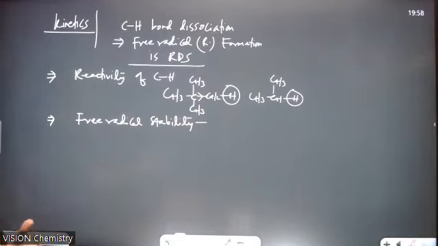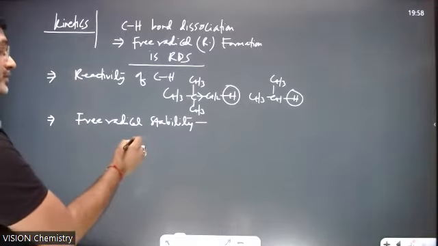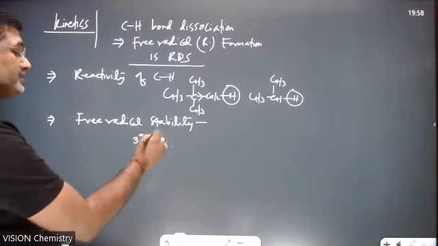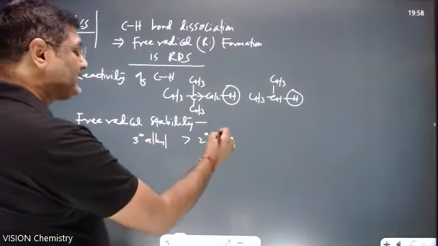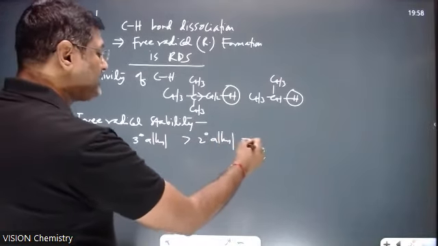In free radical stability, tertiary alkyl is more reactive, then secondary alkyl, and then primary alkyl.